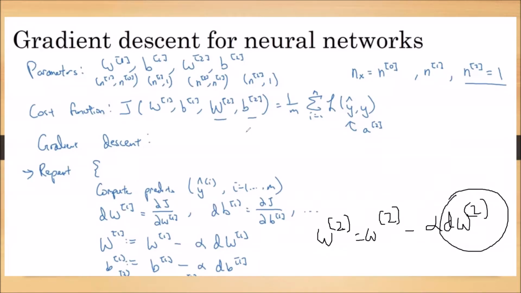Similarly, in the next step, B superscript 2 will be B2 minus alpha dB2, where dB2 is the differentiation of the cost function with respect to dou B2.